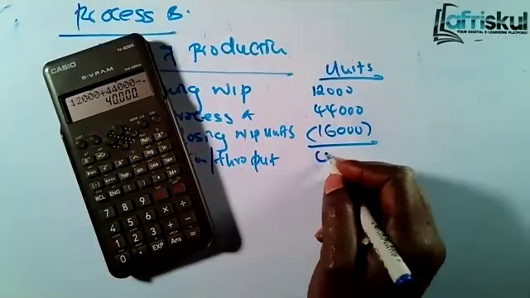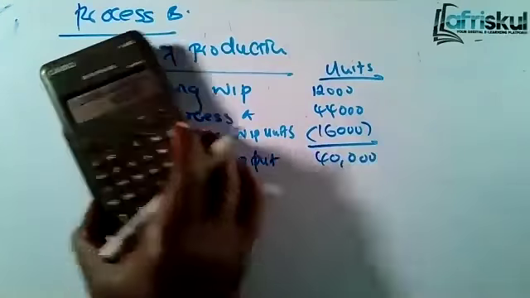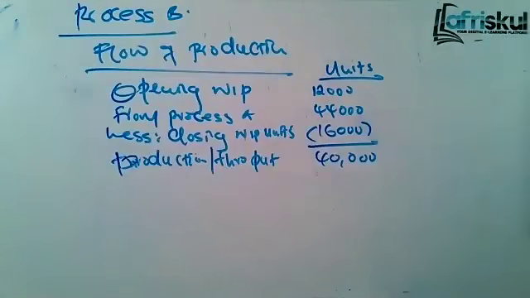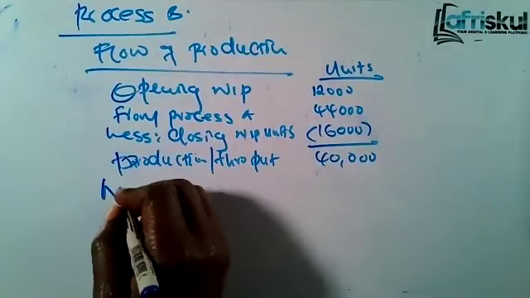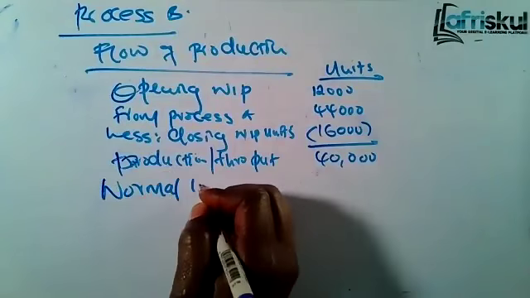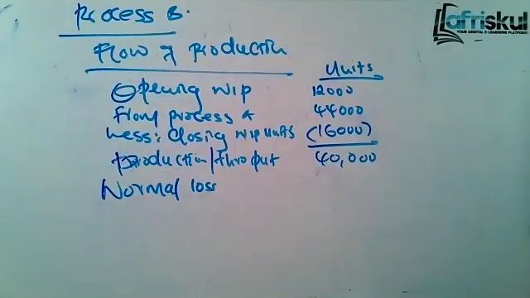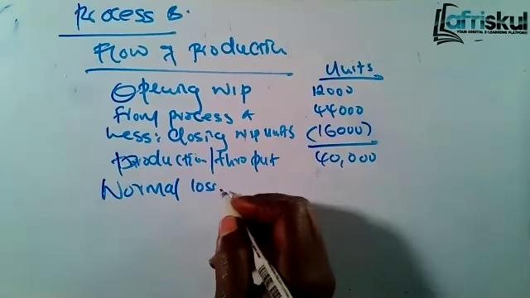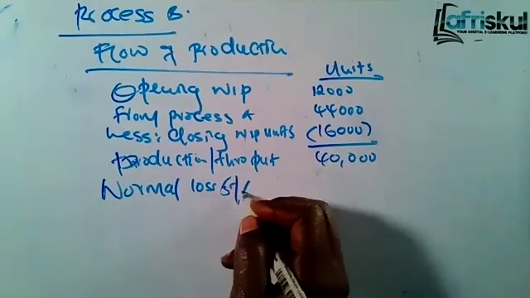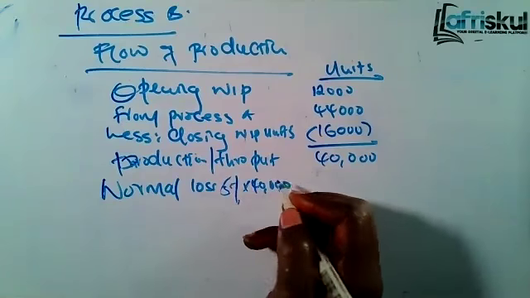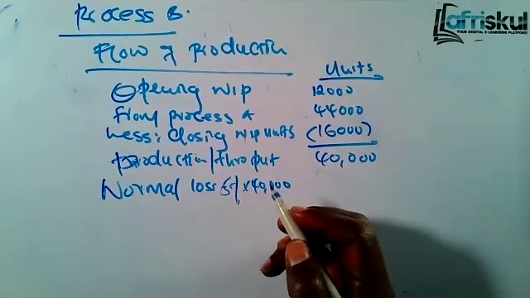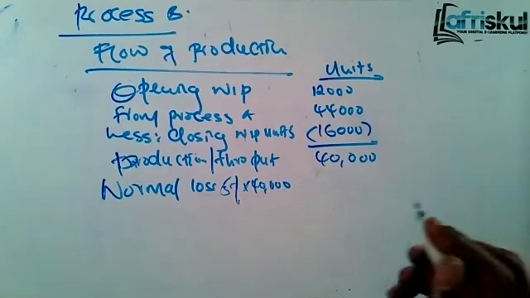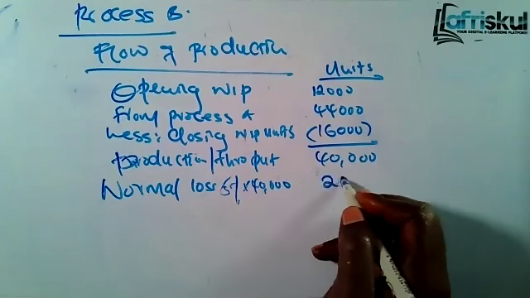You get 40,000. That is production. And then expected normal loss is based on normal loss. Normal loss is 5% of throughput for both processes. So it is 5% of 40,000, which is 2,000.